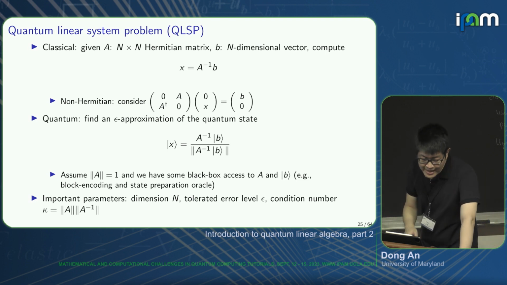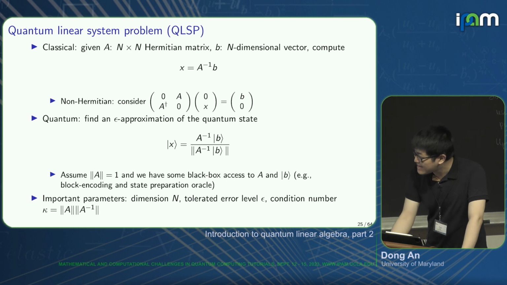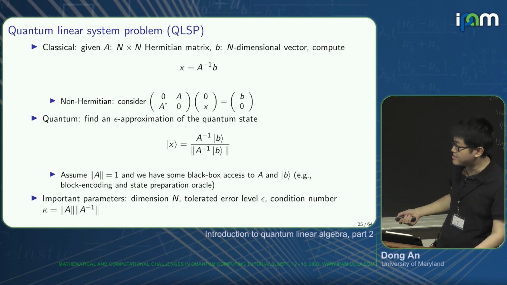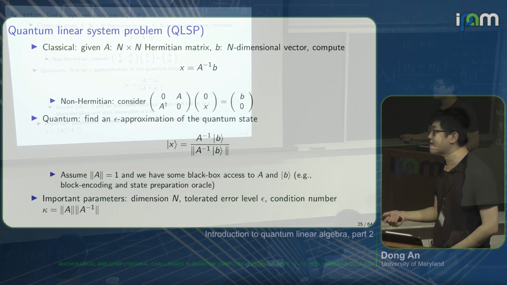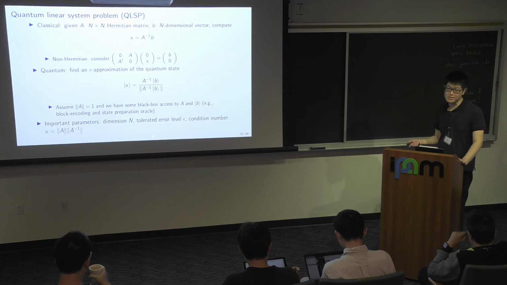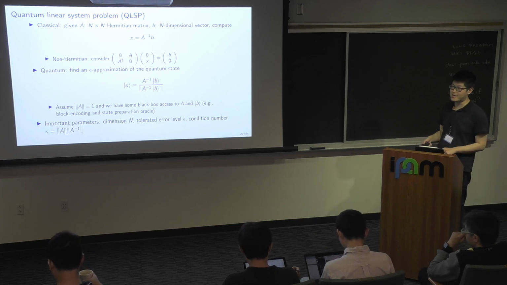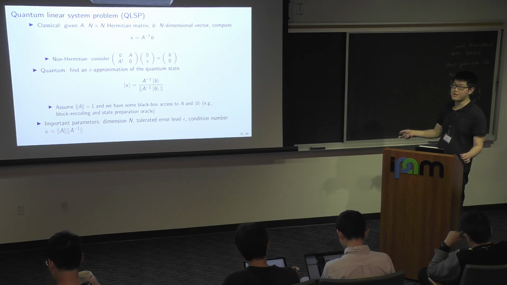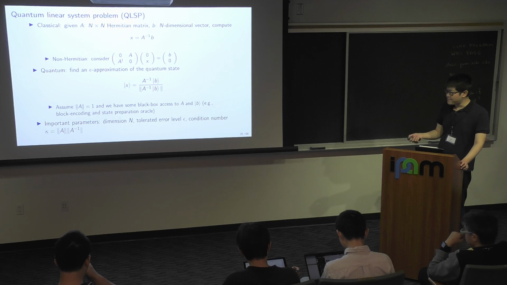Then we look at this problem, and we will discuss the complexity of solving this quantum linear system problem in terms of several important parameters. Of course, we care about the dimension, but I will not mention the dimension dependence explicitly, because it is naturally just polylogarithmic in terms of this capital N. There are two other parameters which we will discuss in more explicit form.